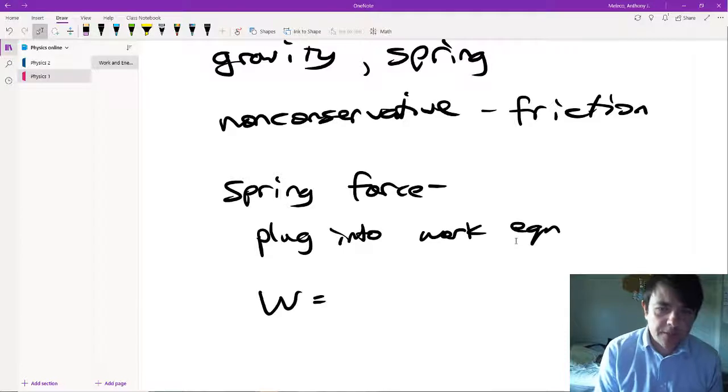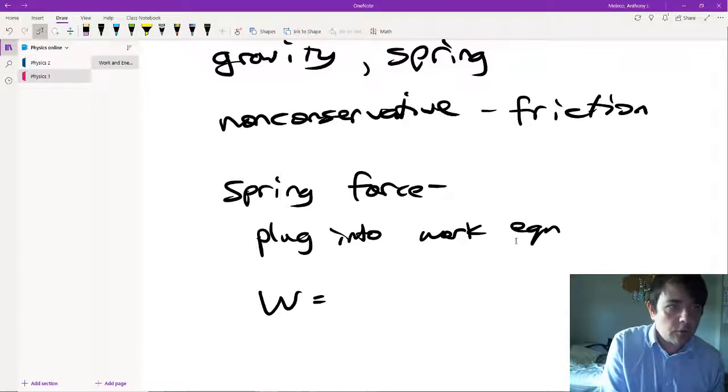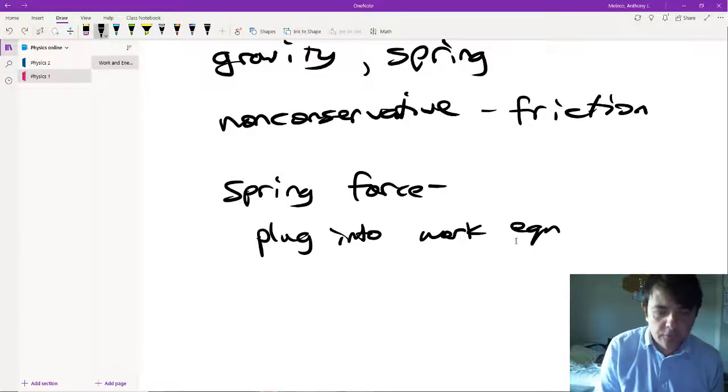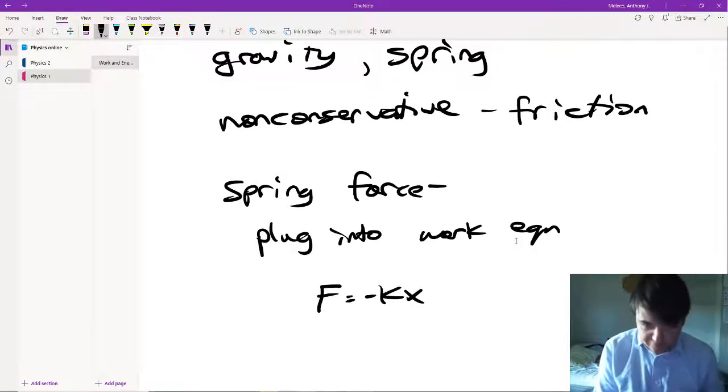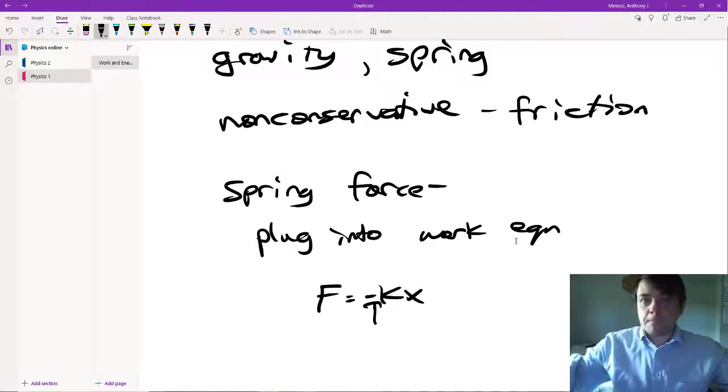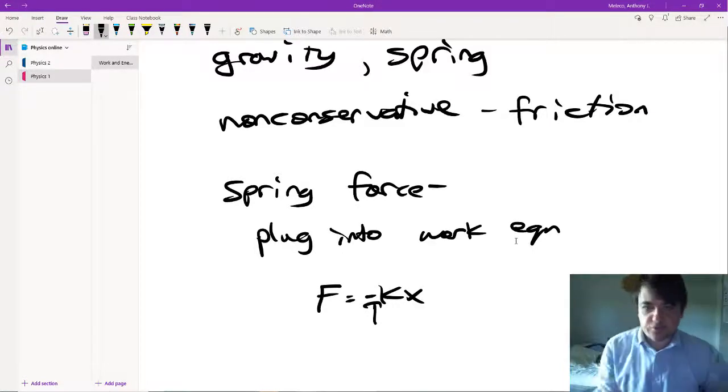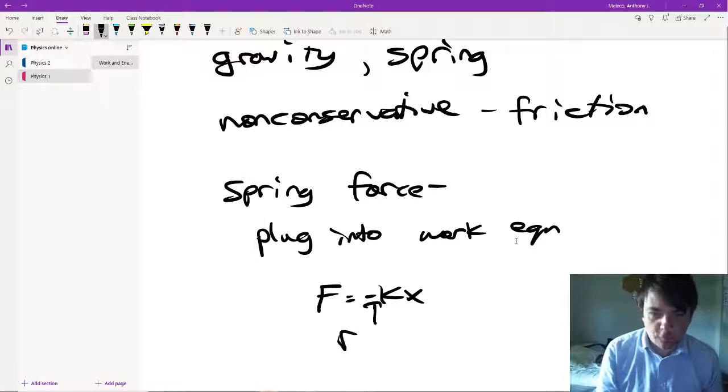What you end up getting is, well, real quick, the spring force is actually equal to negative kx, the force itself. And you must be wondering, why is it negative? It's because when you pull a spring, it retracts, right? So this is what is known as a restoring force.